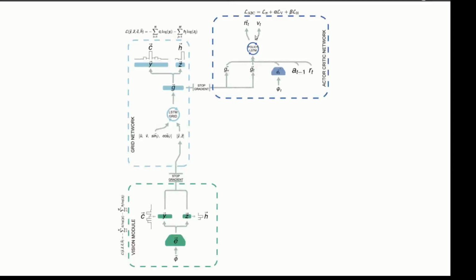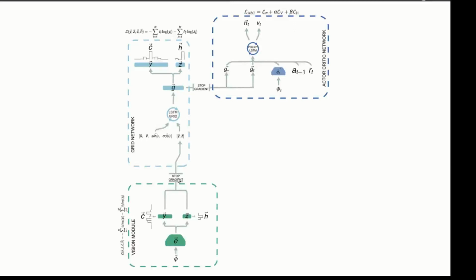The output is going to be a discrete distribution over actions, and there's going to be a critic that outputs the value for this action-state pair.